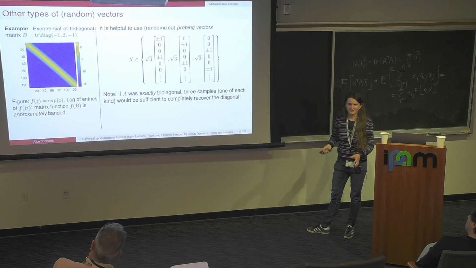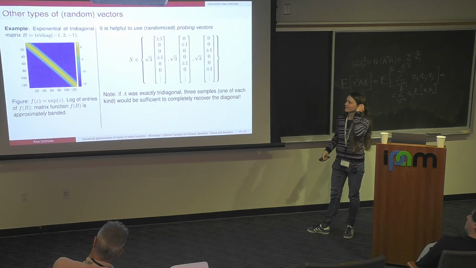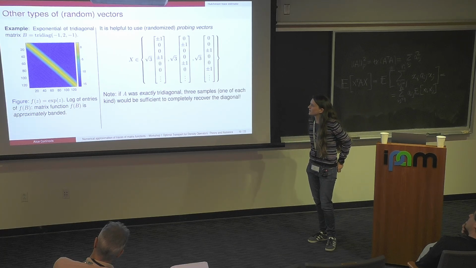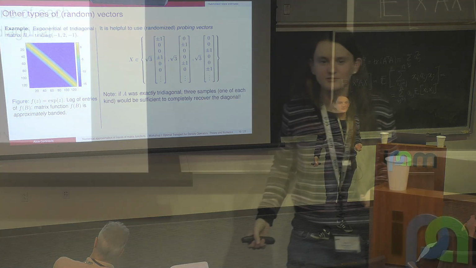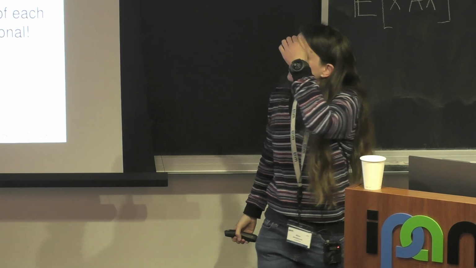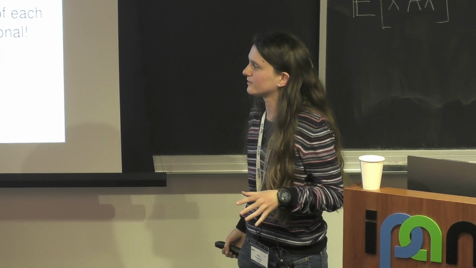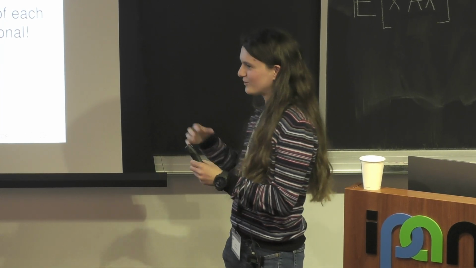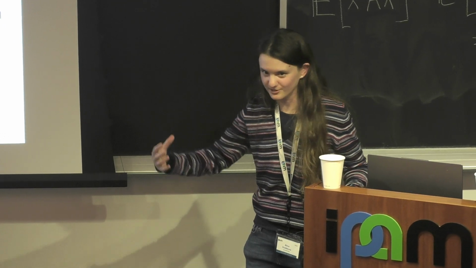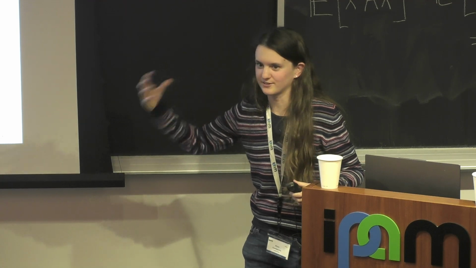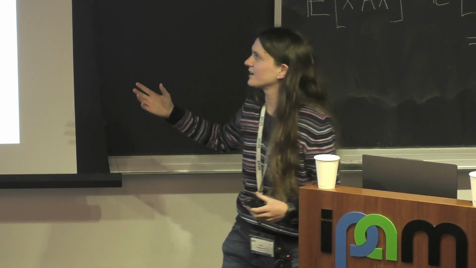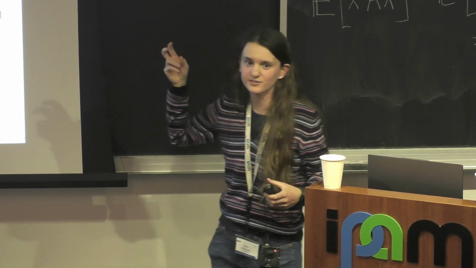Now, another thing that I mentioned, also going back to your observation, is that Gaussian random vectors and Rademacher random vectors are not always the right choice. For example, if you have a matrix where you know where most of the mass is concentrated, you may want to design a different type of random vector. One example I can give you is the so-called probing vectors.